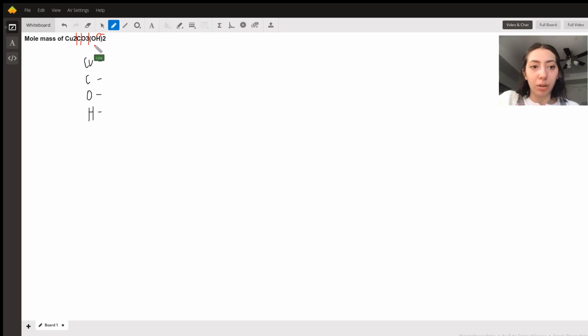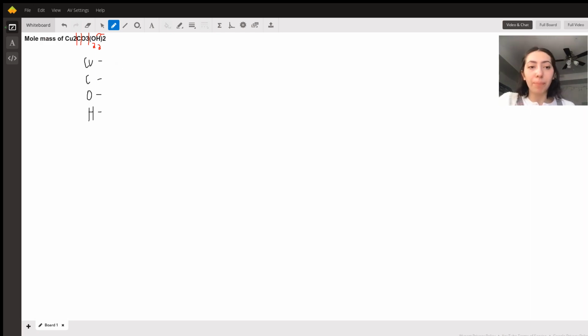So now we know that we have 2 oxygen and 2 hydrogen. That's what this is telling us. We separated the compound, so now we can look at our periodic table.